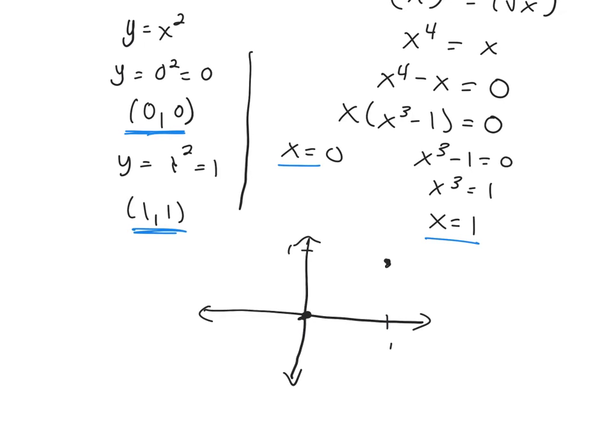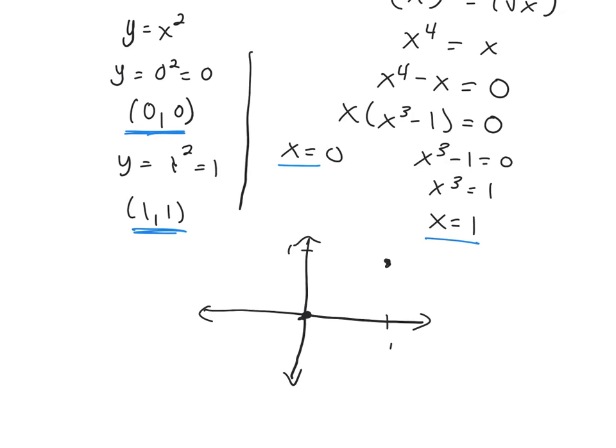Got those 2 points. Now I need to know what happens in between. One function is on top of the other the whole time. They don't intersect anywhere else except these 2 points. So one function is always going to be on top of the other, and I've got to figure out which one's on top, which one's on bottom, because that matters in my integral.